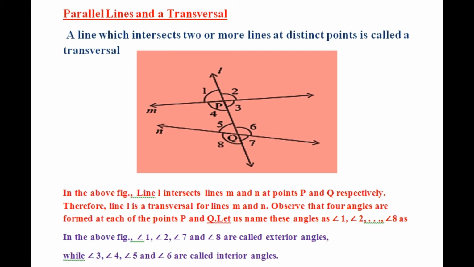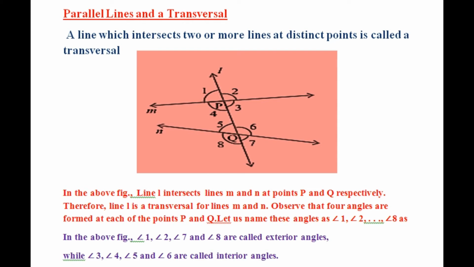Observe that four angles are formed at each of the points P and Q. Let us name these angles as angle 1, angle 2, angle 3, angle 4, angle 5, angle 6, angle 7 and angle 8. In the above figure, angle 1, angle 2, angle 7 and angle 8 are called exterior angles.